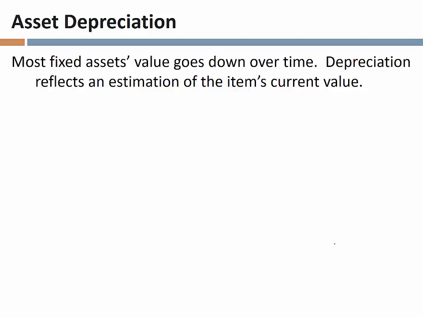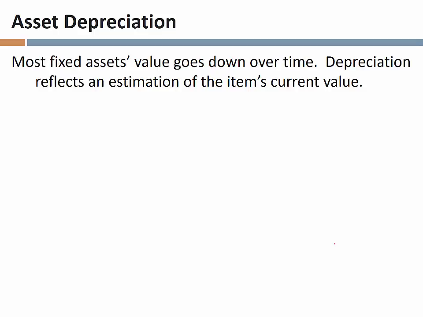And the basic principle of this is most fixed assets go down in value over time. So in our accounting records, we want to reflect the true value of the asset. It's kind of a parallel to the adage of when you buy a new car, as soon as you drive it off the lot, the value of that car has gone down potentially dramatically.